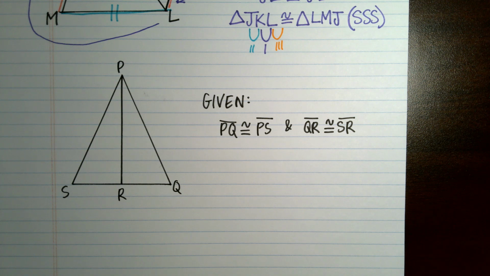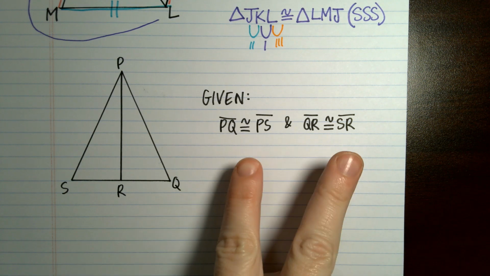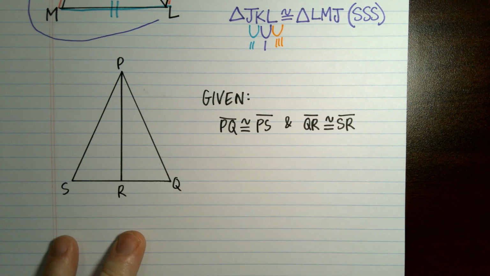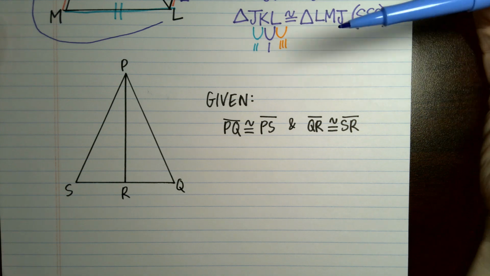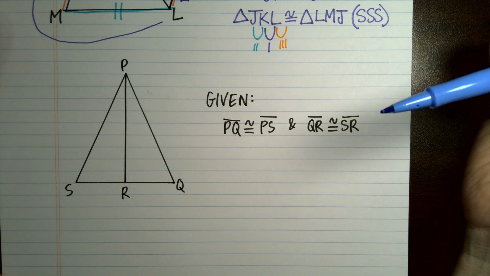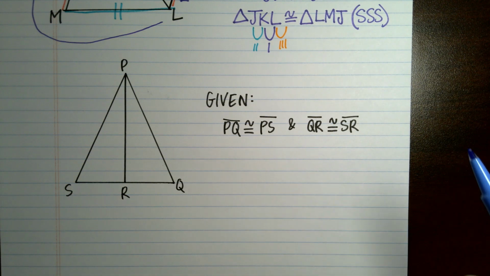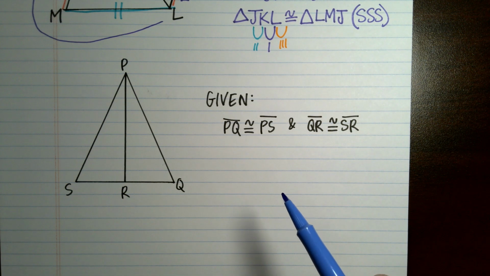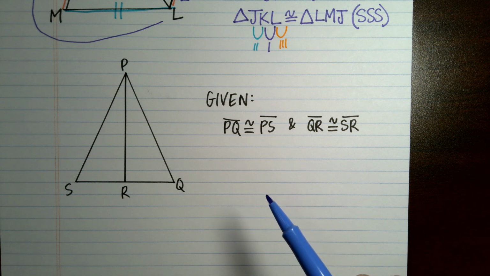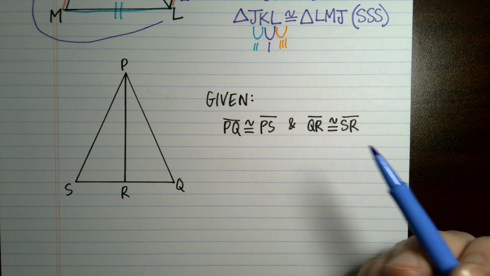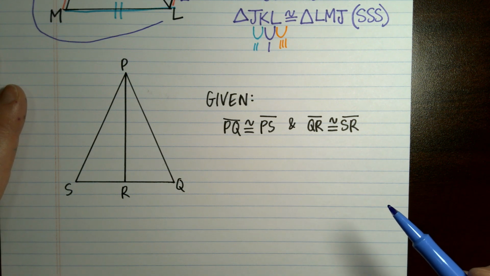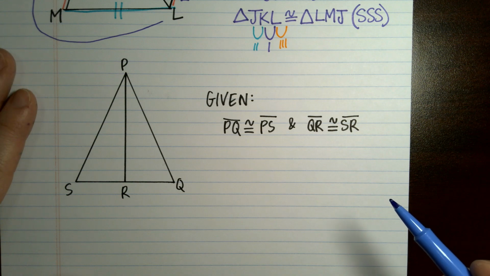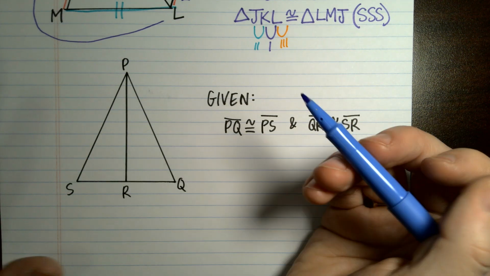So the first thing we should do is we need to mark where these are congruent on our picture. So let's see. How would I mark that PQ is congruent to PS? They're the same length, absolutely, and I'm giving you the same length. How can I show that they're the same length? The little lines, the little tick marks.